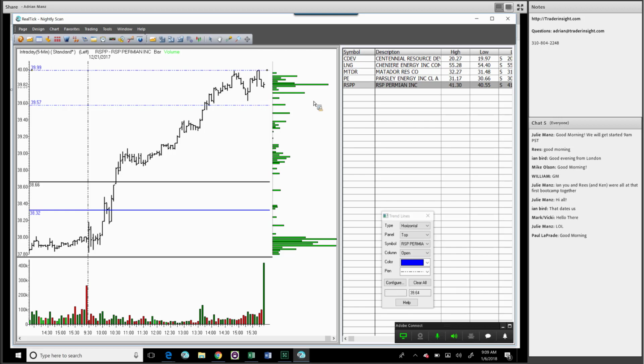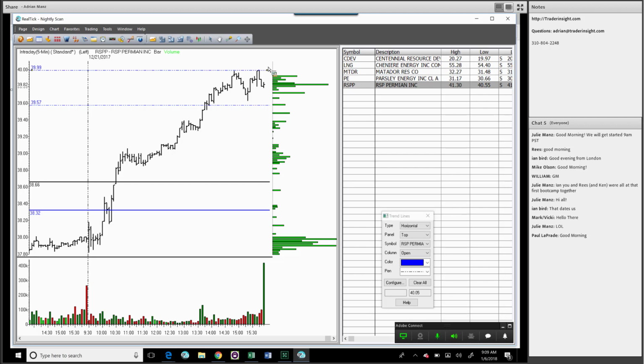So if I was going to enter this trade in RSPP for Monday's trading, I'm going to put together a conditional order. If the last price is less than or equal to $39.99, then buy stop limit, and I would be buying above that $39.99 level somewhere. In the case of a $30 stock, I'm probably going about a nickel above.